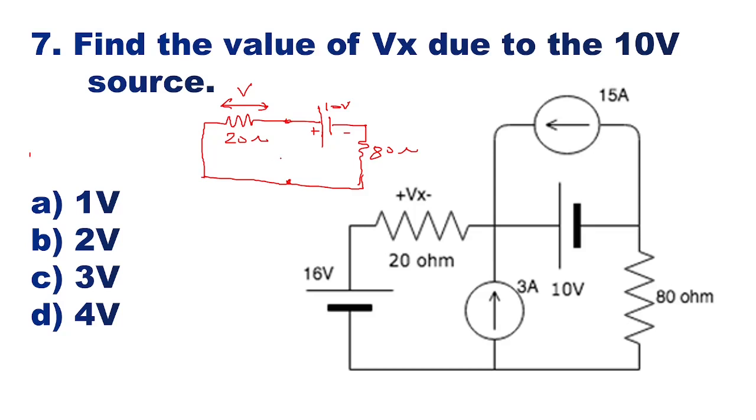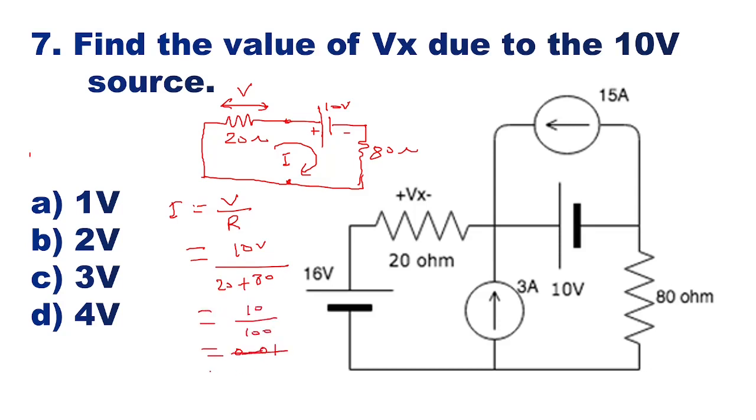So first we will find out what is the current in the loop. This current in the loop will be nothing but the voltage upon the combined resistance. That will be nothing but 10 volt upon 20 plus 80. That is nothing but 10 upon 100, which is nothing but 0.1 amperes.